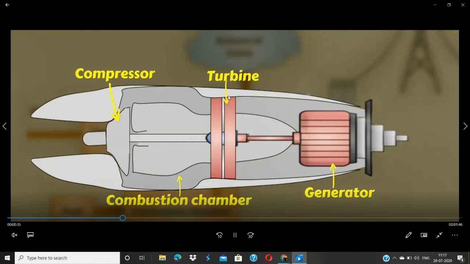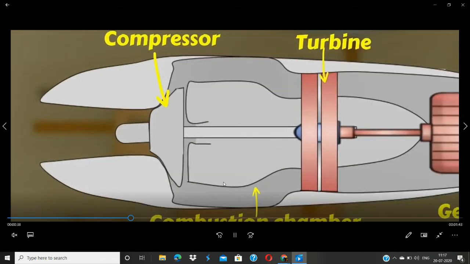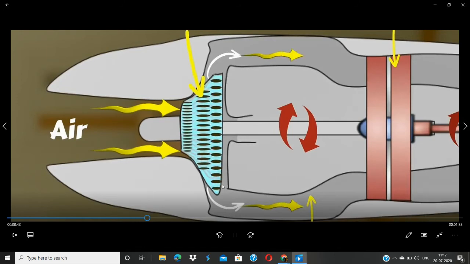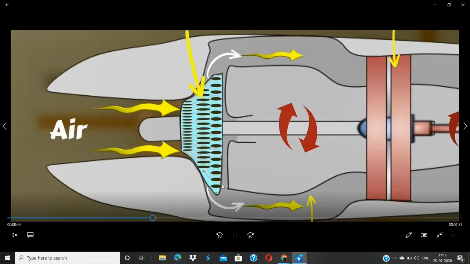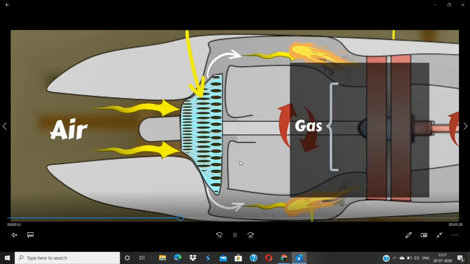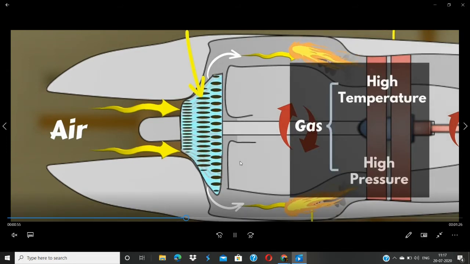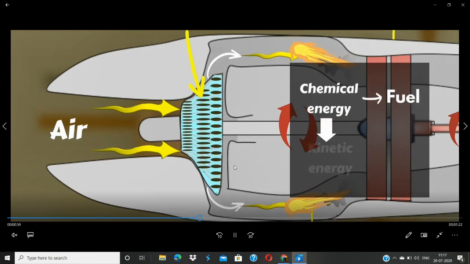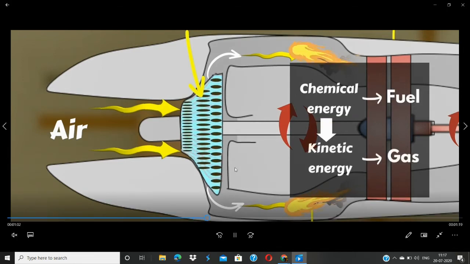The air is compressed by the compressor and then introduced into the combustion chamber. Natural gas is also fed to the combustion chamber as fuel. The fuel burns in the presence of air and produces a gas, which has a very high temperature and high pressure.